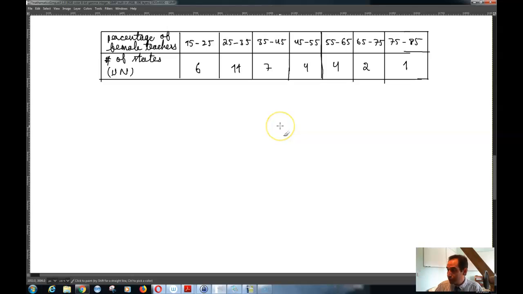Okay, so now let's see how we can find the mean percentage in the case of this data.